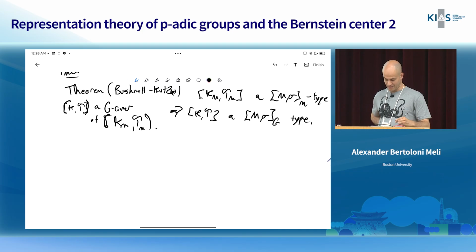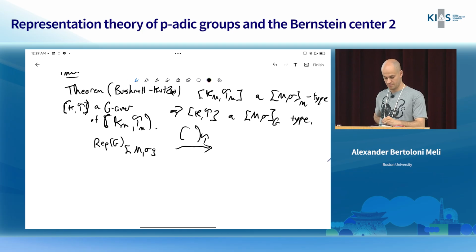And furthermore, you have a commutative diagram of the following. So this horizontal map is the equivalence.